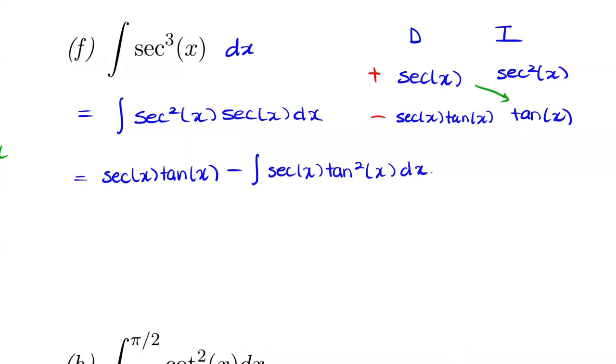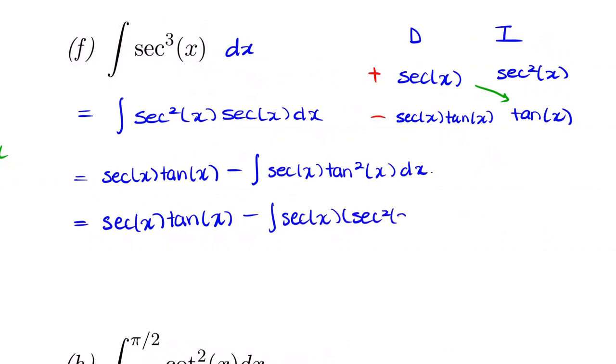All right, so the next step is that we're going to change the tan squared of x to secant squared of x minus 1. So we still have the secant of x, tan of x, minus the integral of secant of x times the secant squared of x minus 1 dx.